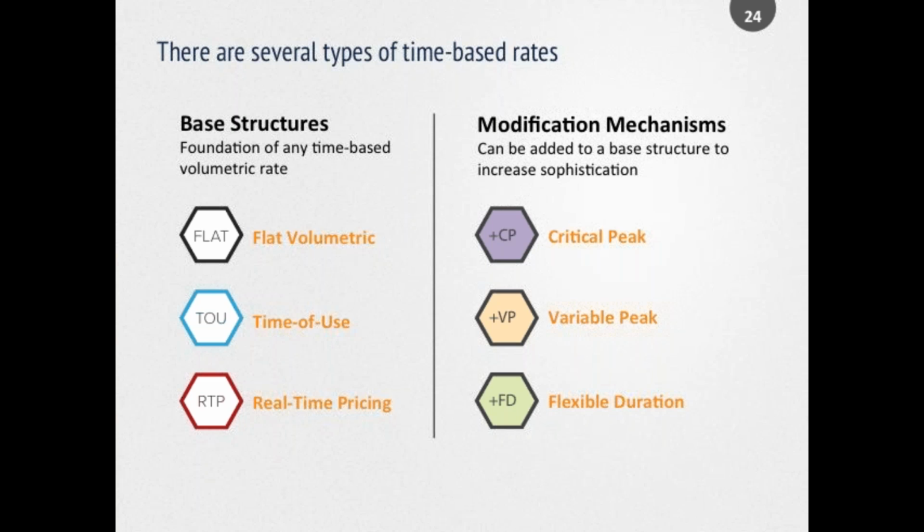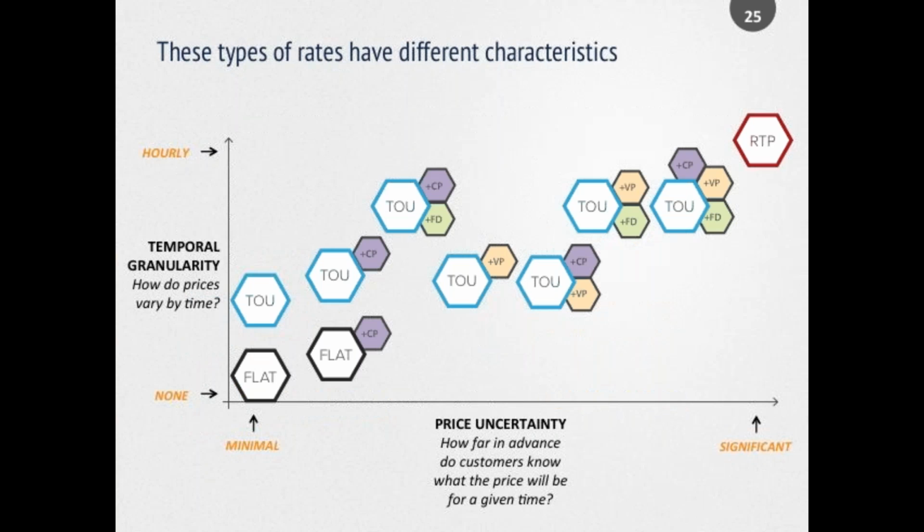Think of these as cheese stuffing in pizza crust or sprinkles and caramel on ice cream. If you have a sweet tooth, allow me to come back to these modifications in the next slide. Putting those base structures and modifications together results in a number of permutations that we map here.